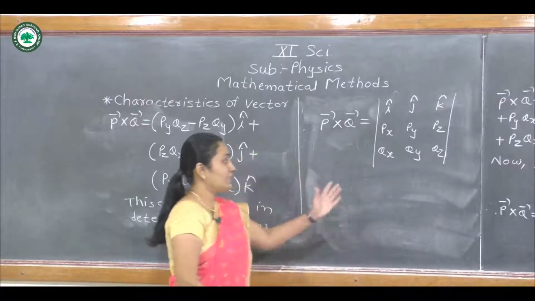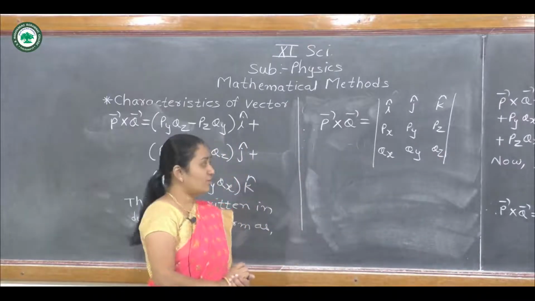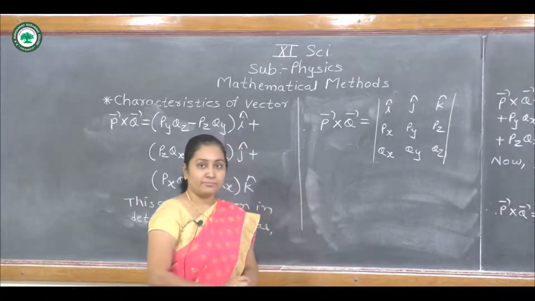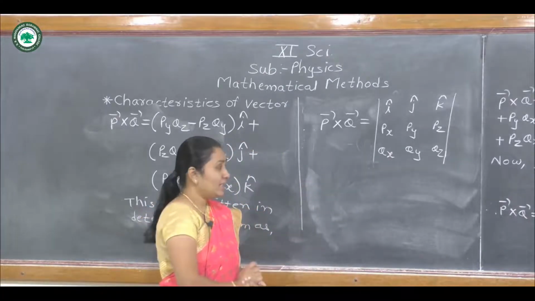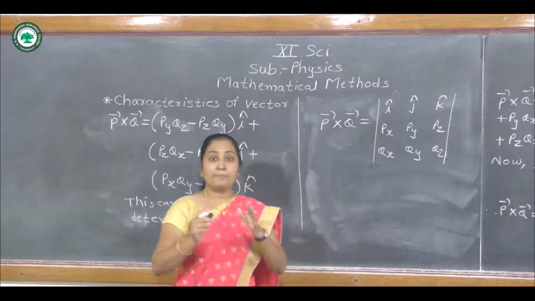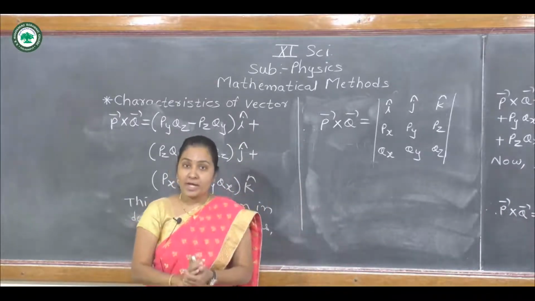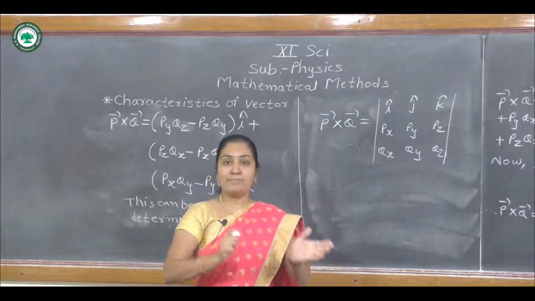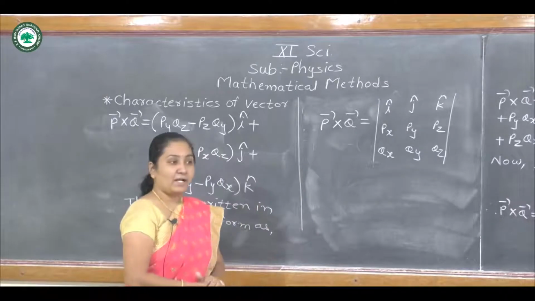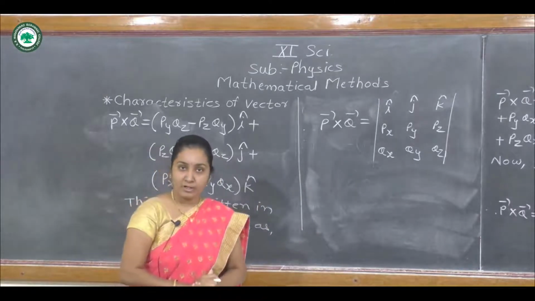So this is the determinant of a vector product p bar cross q bar. So by finding this determinant, we can find the product of two vectors, that is vector p bar and vector q bar. So this is the fifth characteristics of vector product.